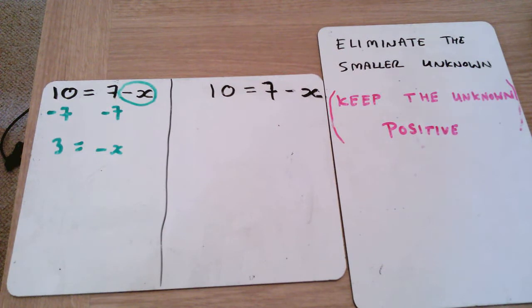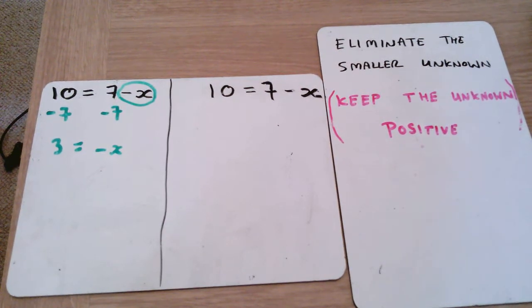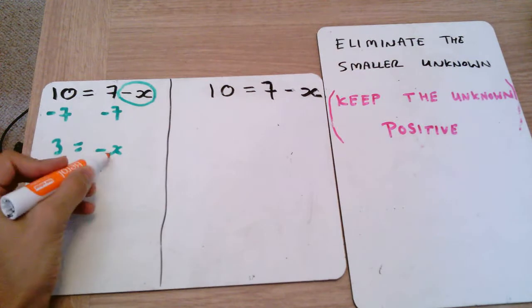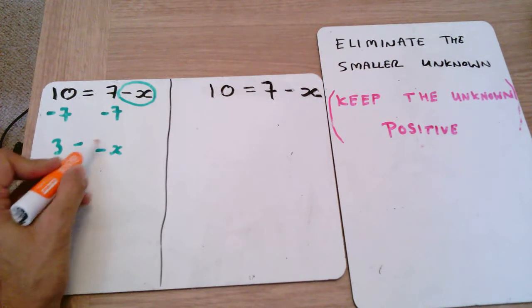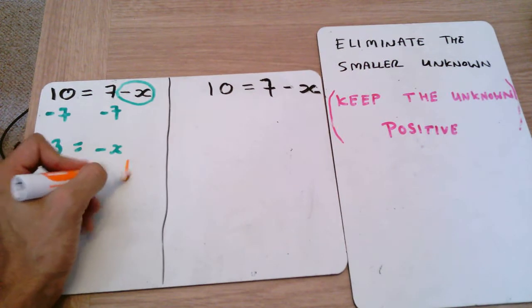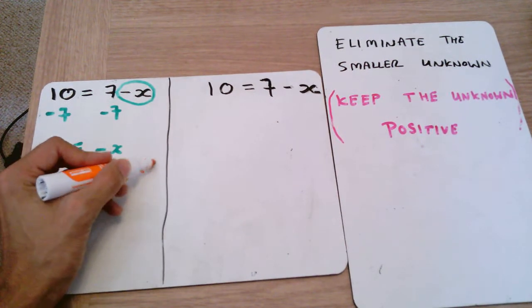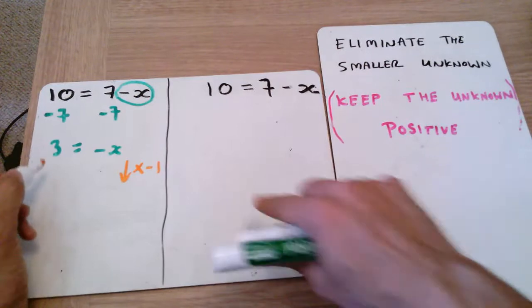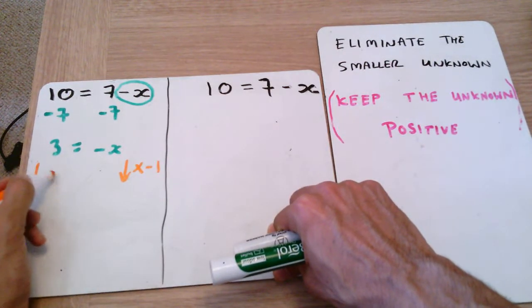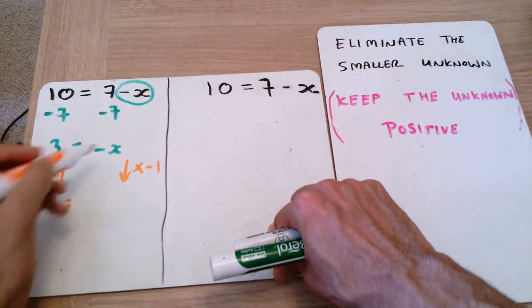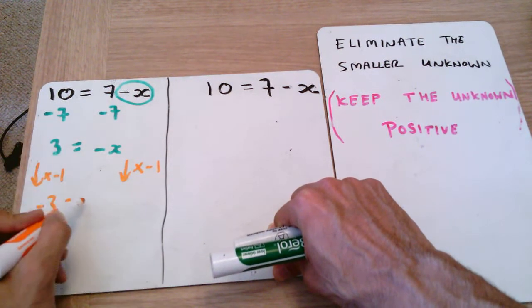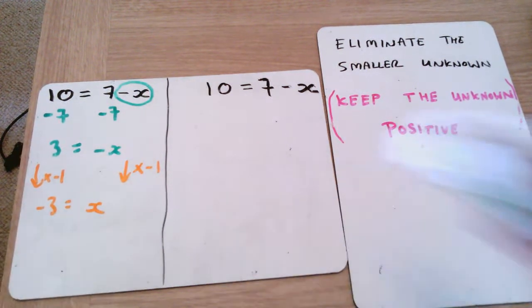Minus x is the same as minus 1 times x, or minus 1 divided by x. So to get rid of a negative here, I could either divide or times both sides by minus 1. 3 times minus 1 is minus 3. Minus x times minus 1 is x. And we can see I now have x equal to minus 3.